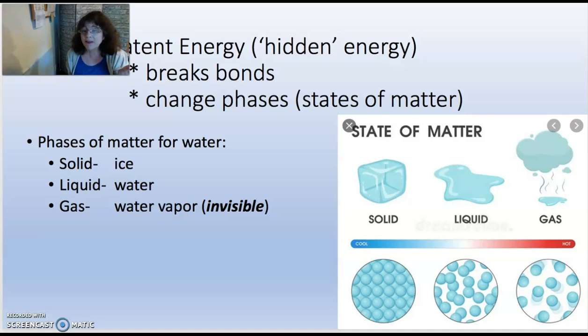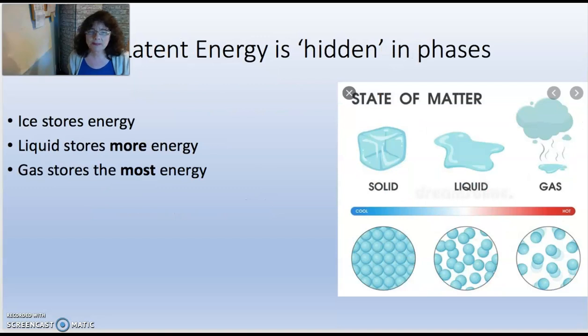And it is a tough thing to conceptualize in meteorology because it has so much power, but it is invisible. When we see steam, that is condensed water vapor. That is actually very hot water. Steam is very hot water. It is not water vapor.